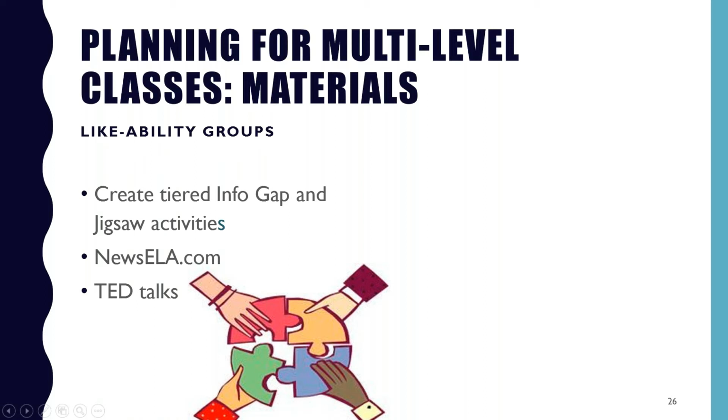So this means that one group is working with an info gap that may have more spaces in it for filling in vocabulary words, while the other group's info gap has fewer spaces in it. So you can create materials that are geared towards the specific level of learning, but still on the same topic so that you have some unity in your class.